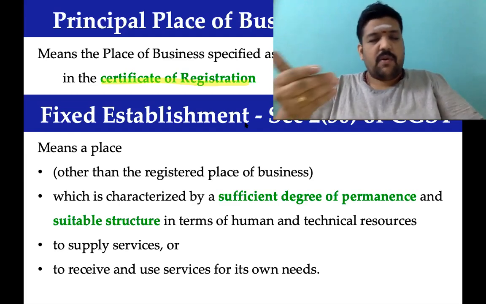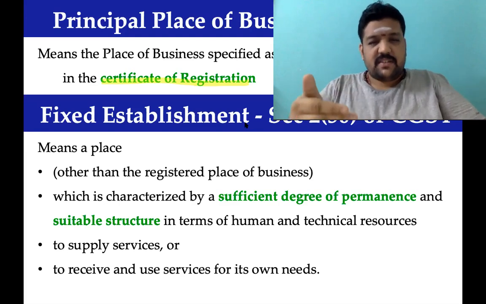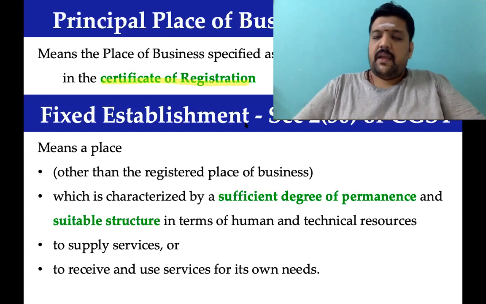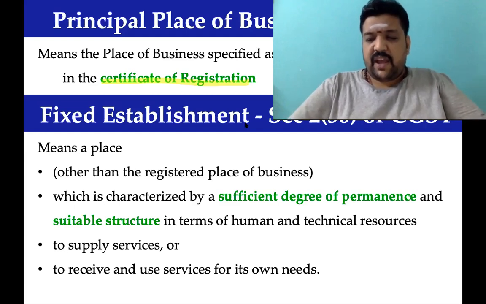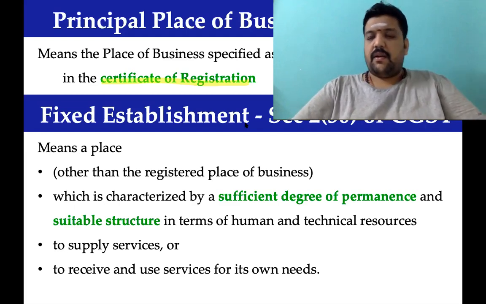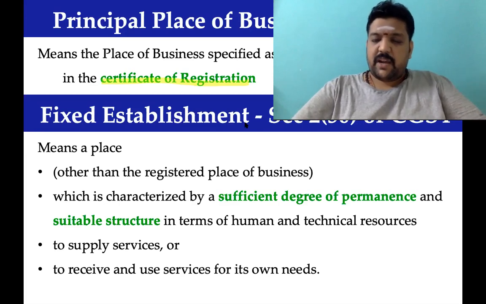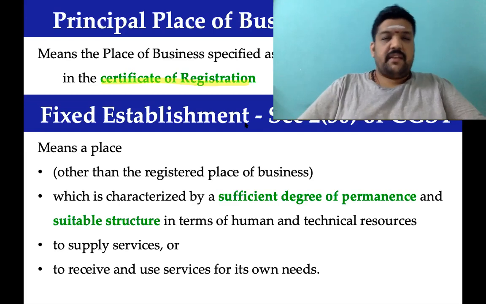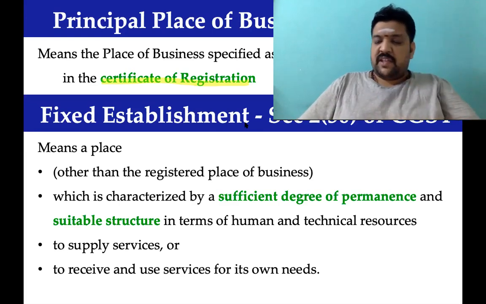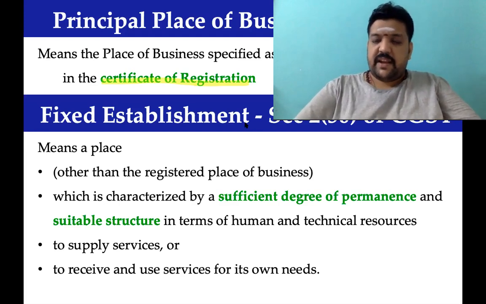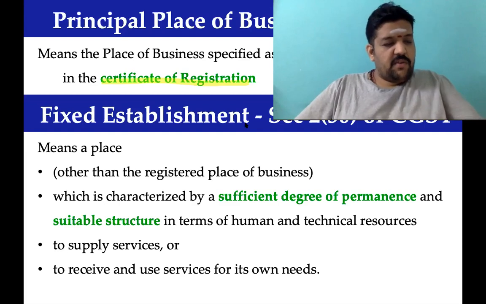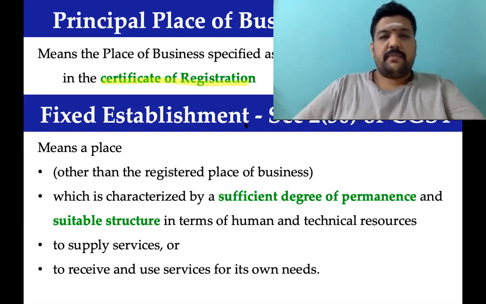As you all know, GST registration is a state-specific registration. In Andhra Pradesh, if I have a registration, Visakhapatnam is my head office. One office is there in Tirupati, one in Rajahmundry, one in Kakinada, one in Ongole, one in Nellore, Chittoor, Guntur, Vijayawada.